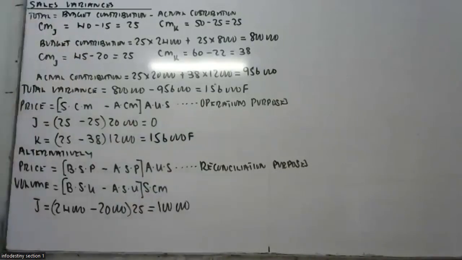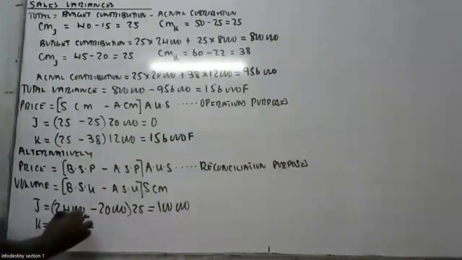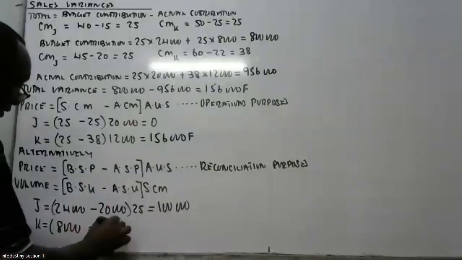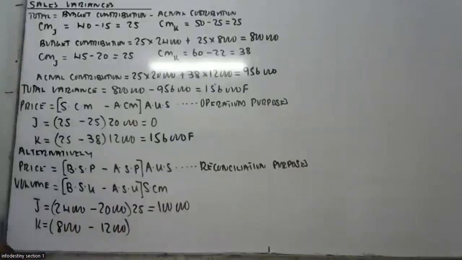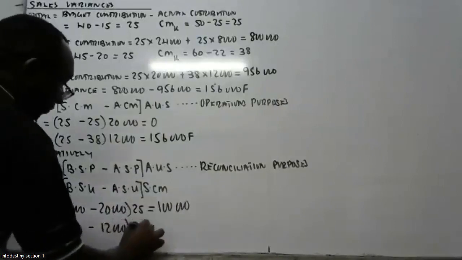It's 100,000. Then when you come to K, you take the budget sales of 8,000 minus the actual sales, which were 12,000, and the standard contribution was 25.